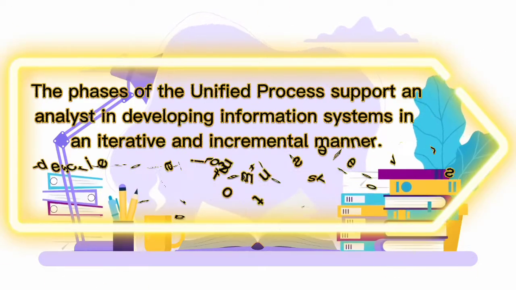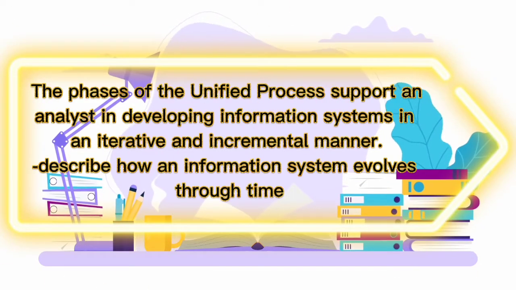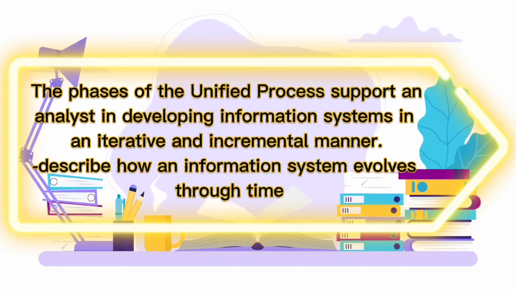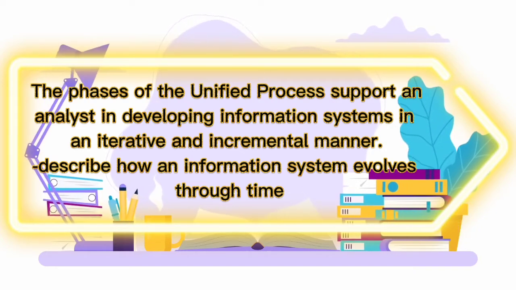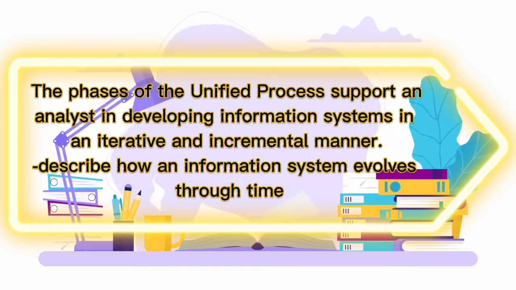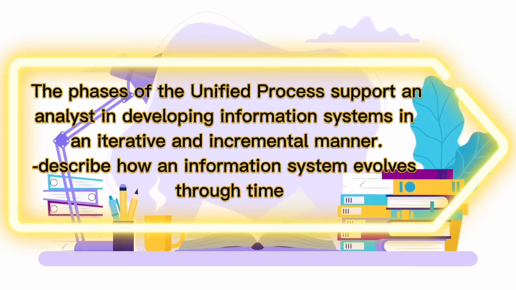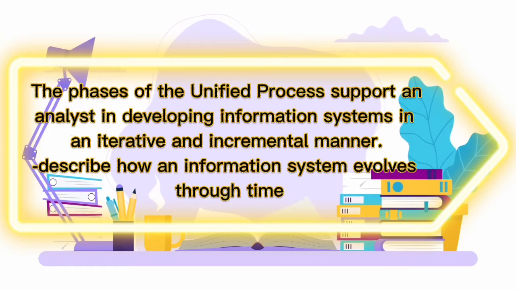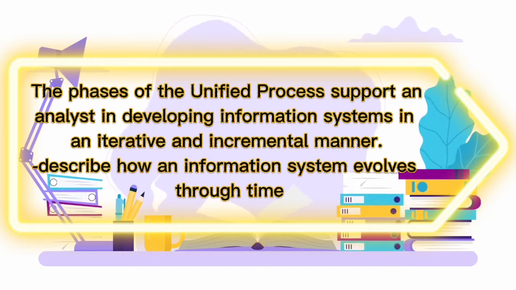One of the dimensions of the system is the phases. The phases of the unified process support an analyst in developing information systems in an iterative and incremental manner. This also describes how an information system evolves through time.